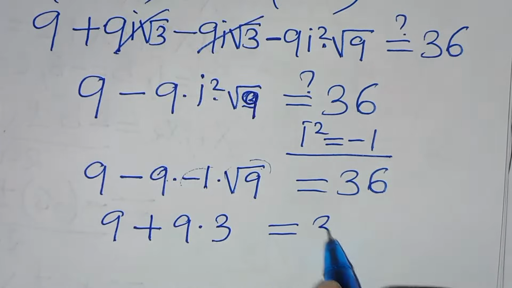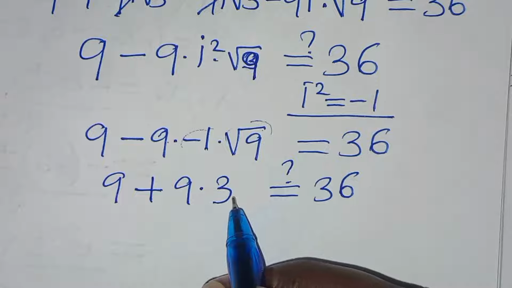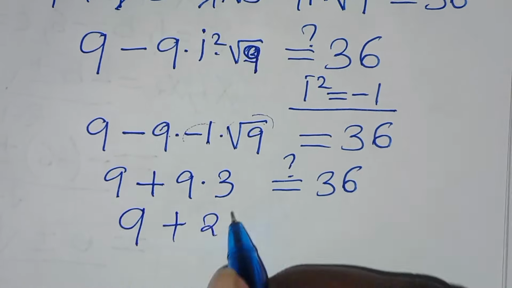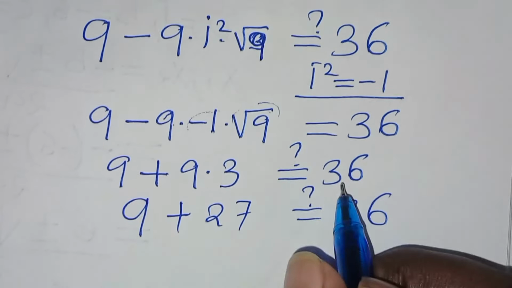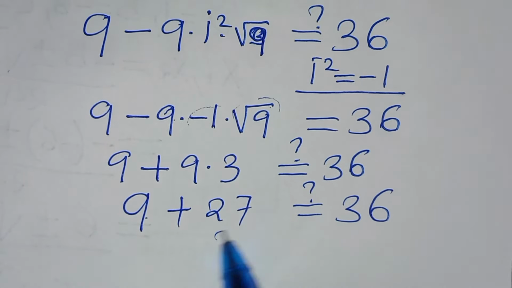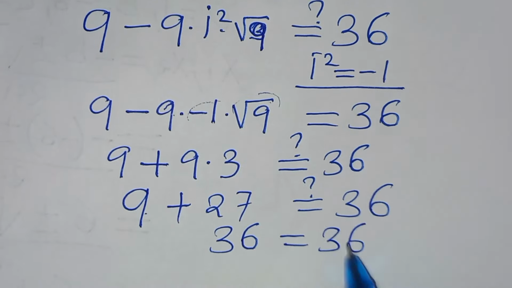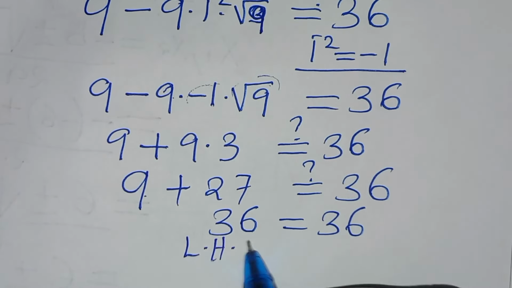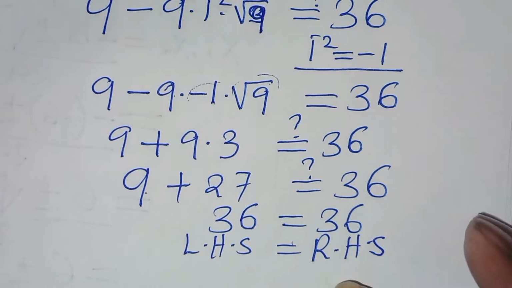This should give us a value of 36. 9 times 3, this is 27, so that we have 9 plus 27. This should give us a value of 36. 9 plus 27, this is 36, which is equal to 36. So this implies that the left hand side is equal to the right hand side.